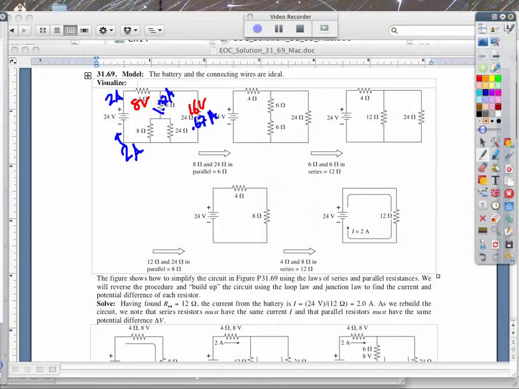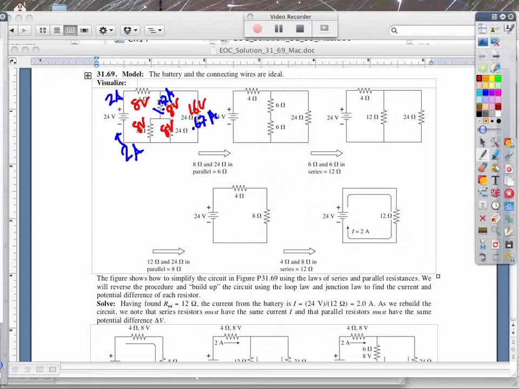Everybody get that? Okay, so we dropped 8 volts here. Now this is a beautiful thing. Do I need to fuss with which one has more current? No. That's 8 volts, that's 8 volts. How many volts do I have left? 8, for sure. So I know this is 8 volts and that's 8 volts.